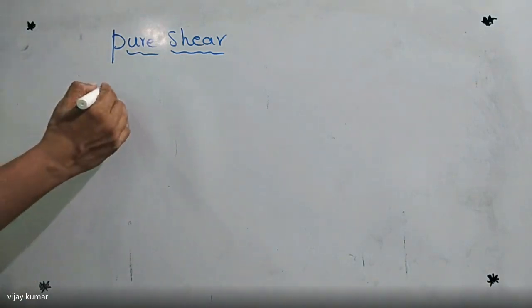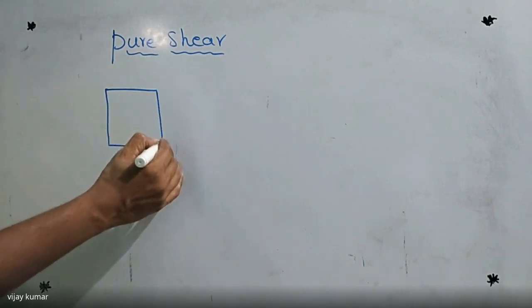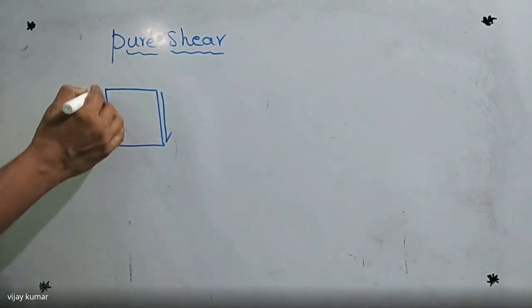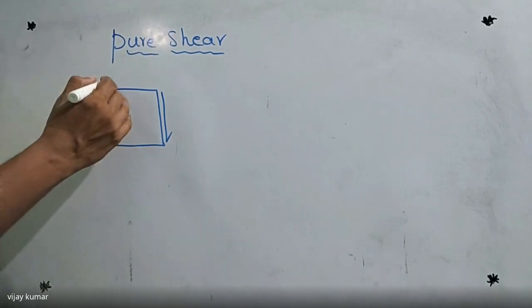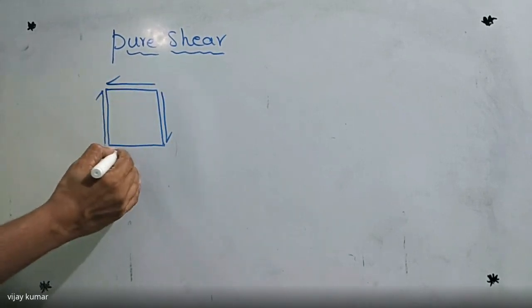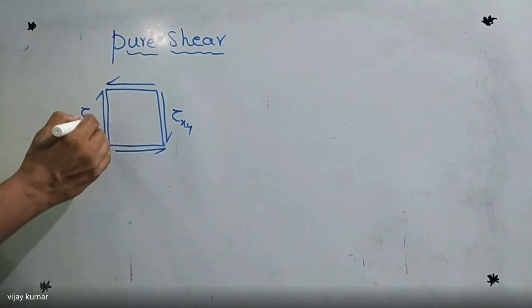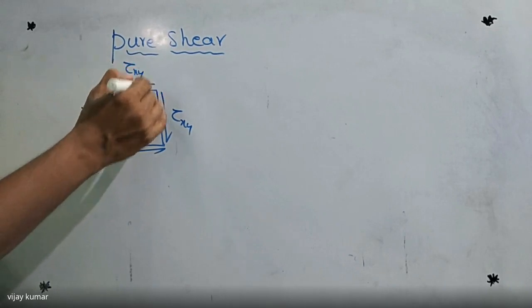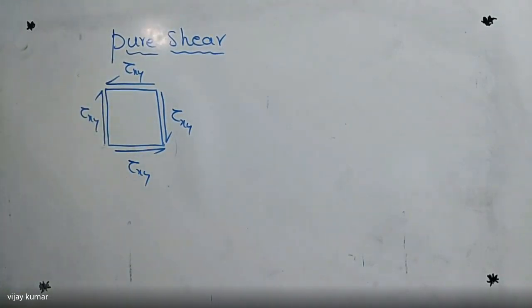So, for example, this is the case. This component is subject to a shear like this. First of all, you have to indicate the shear on the vertical planes. After that, we have to indicate it on the horizontal planes. So this is shear tau xy, this is also tau xy, this is also tau xy. All are having the same magnitude, but the directions are opposite.